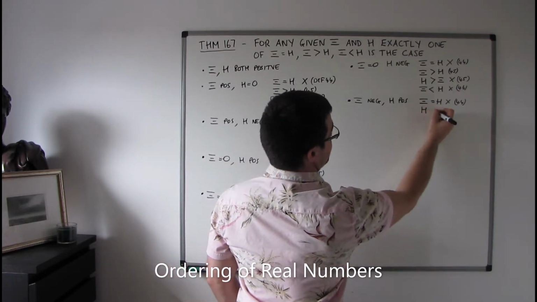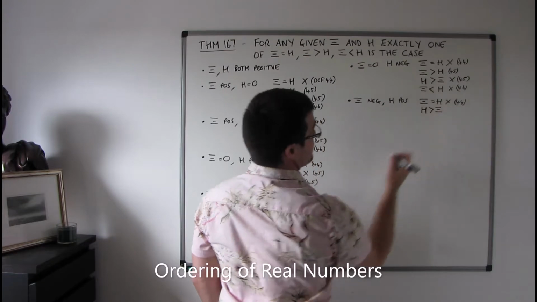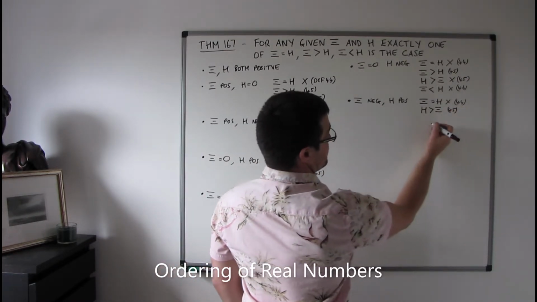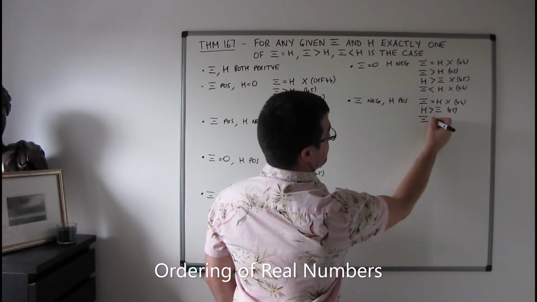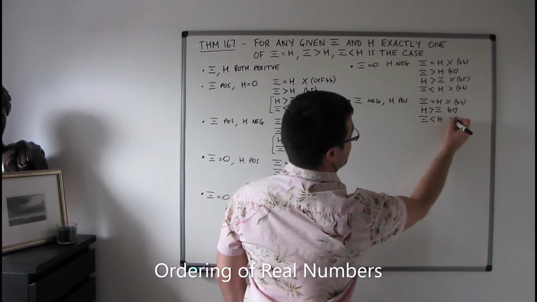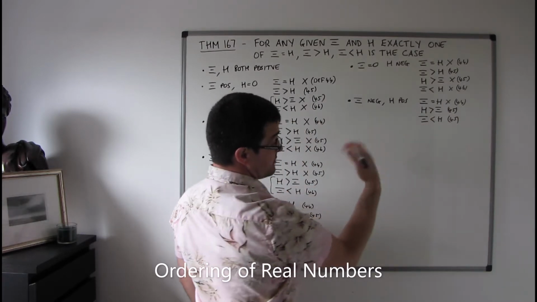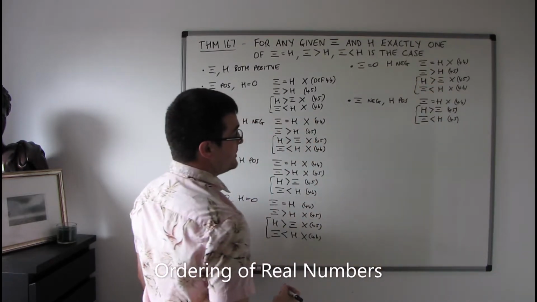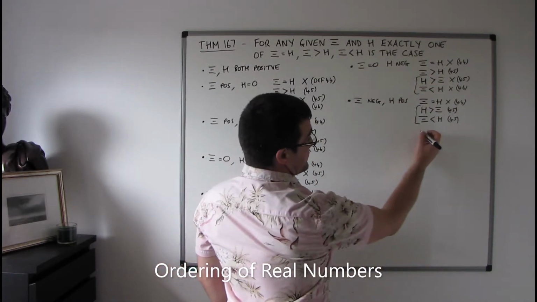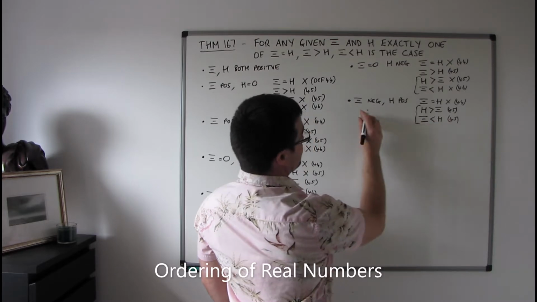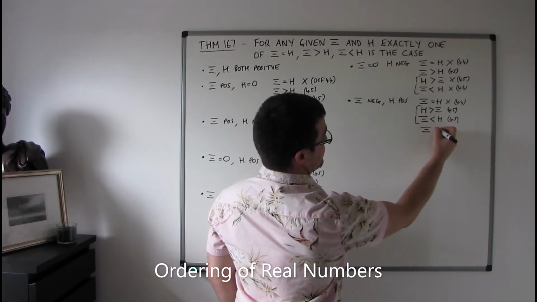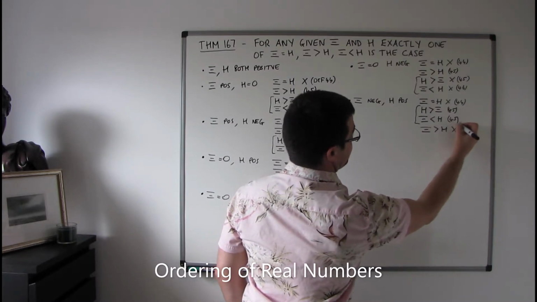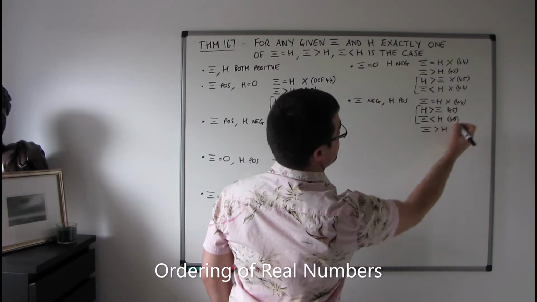I can say that eta is greater than psi by definition 45. Flip it around. That's that. So psi is on the correct side now. And I'll just put a bracket around that as well. And I can also say that psi greater than eta does not hold by definition 46. That's better.